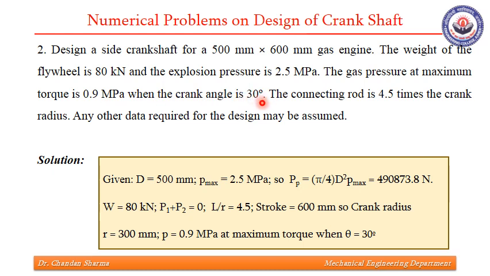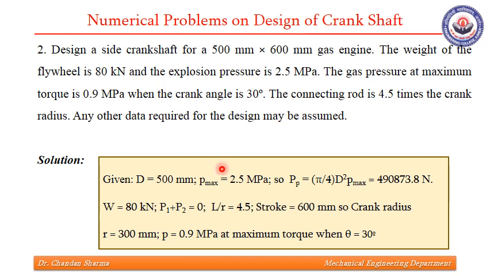So analysis will be a bit more involved, and we have been further given the connecting rod is 4.5 times the crank radius. That means the ratio L by R is 4.5, and any other data will be suitably assumed.